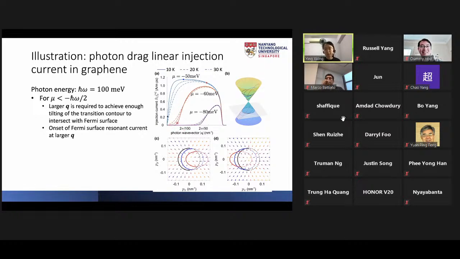However, when Q gradually increases, the transition contour becomes more and more tilted and starts to intersect with the Fermi surface, and then we will have some finite current due to the Fermi surface resonant effect. And the onset of the Fermi surface resonant current as a function of Q depends on the position of the Fermi surface.